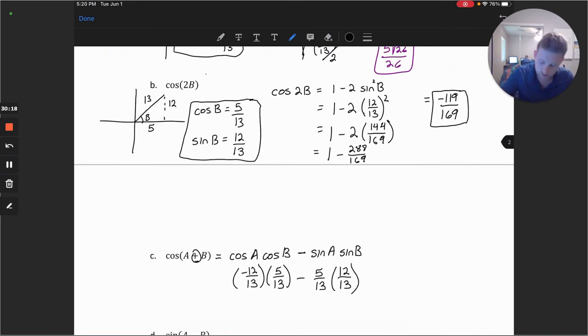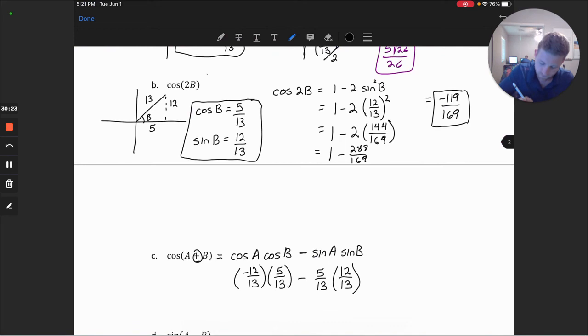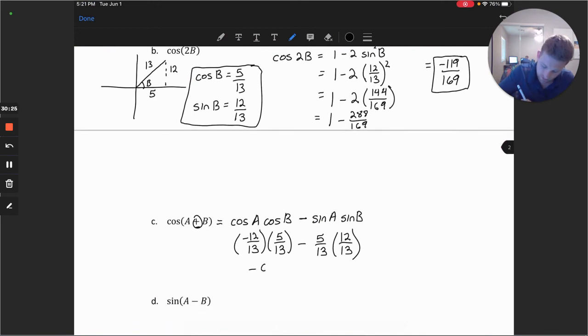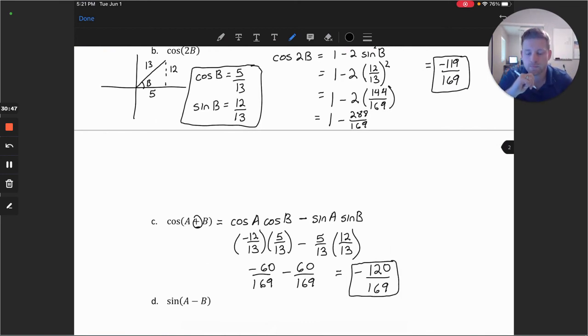So a lot of the same values there, but negative. And we'll finish this one off. We have negative 60 over 169, and then minus, again, 60 over 169. So this will become negative 120 over 169. So that one looks great.